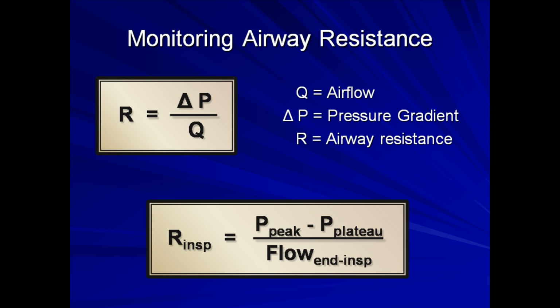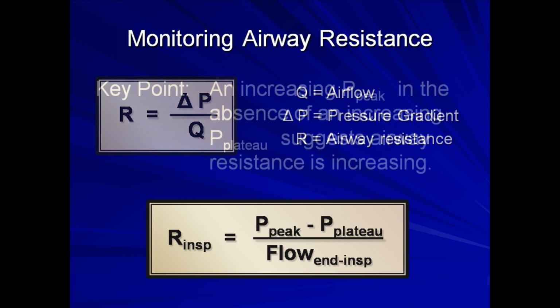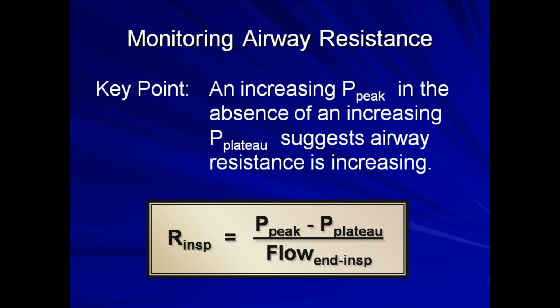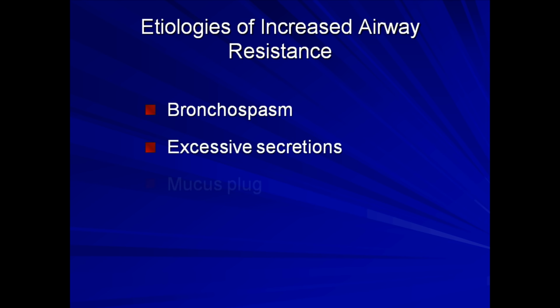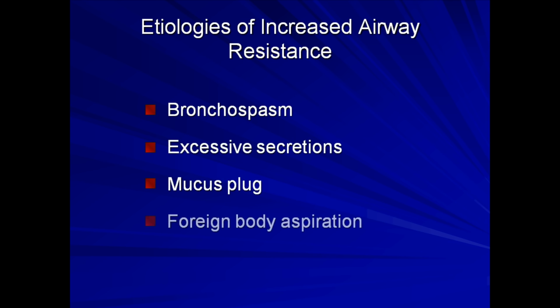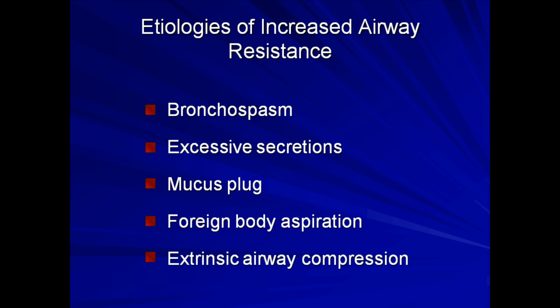While you may not remember the specific equation, and probably you shouldn't try to memorize it per se, the key point here is that an increasing peak pressure in the absence of an increasing plateau pressure suggests airway resistance is increasing. If you determine that airway resistance is unusually high, some etiologies to consider include bronchospasm, excessive secretions, mucus plug, foreign body aspiration, or extrinsic airway compression.